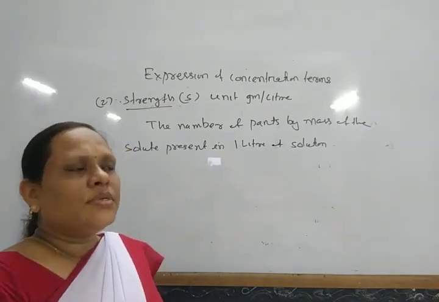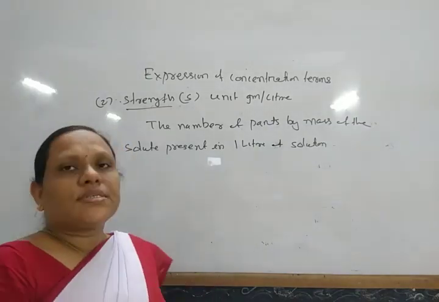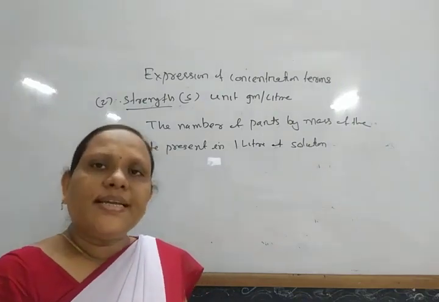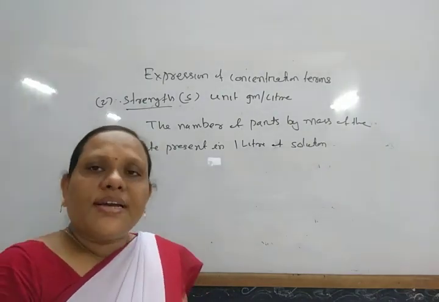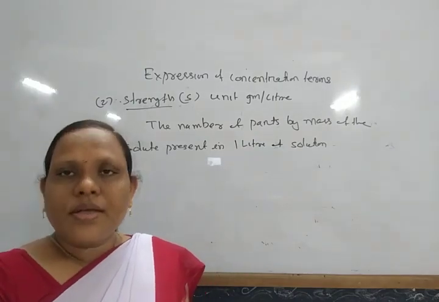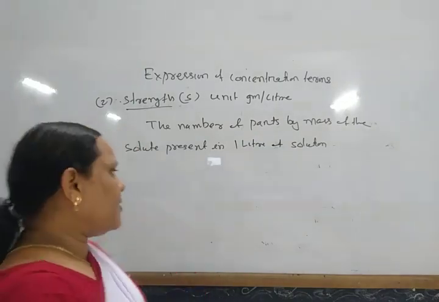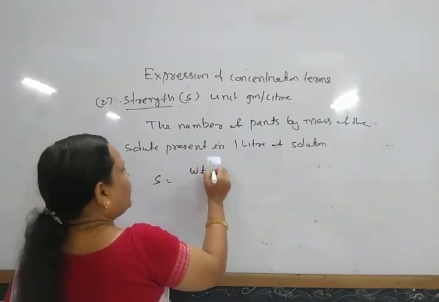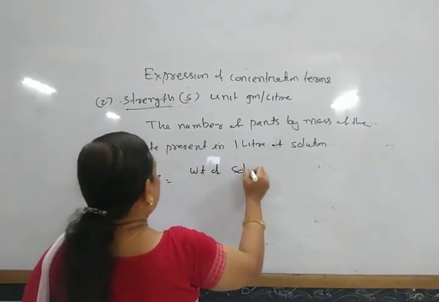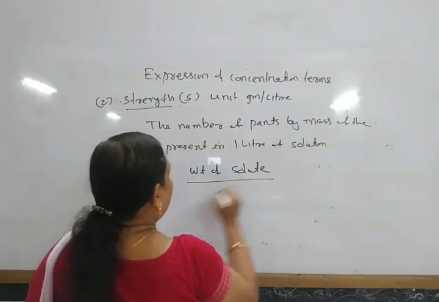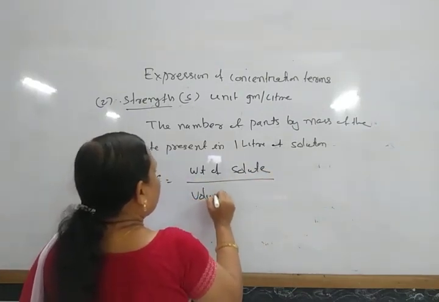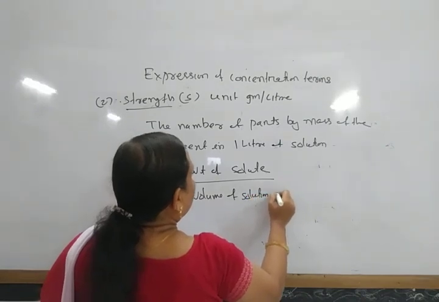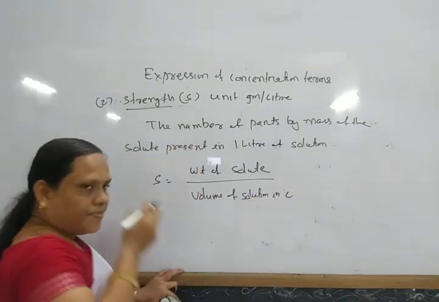For example, in the last question we discussed, 5 gram of sodium chloride present in 200 ml of solution. Then what is its strength? So strength is weight of solute by volume of solution in liter.